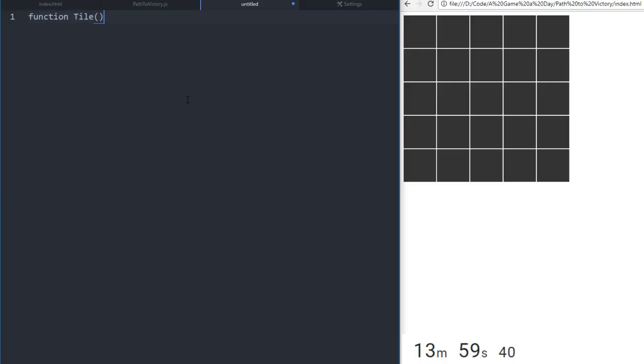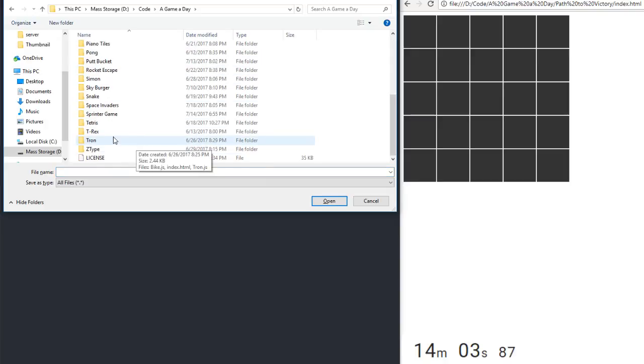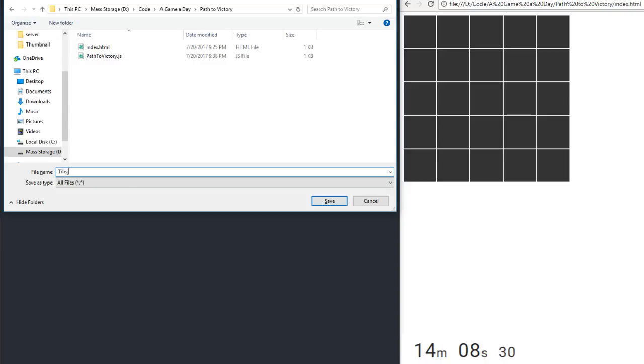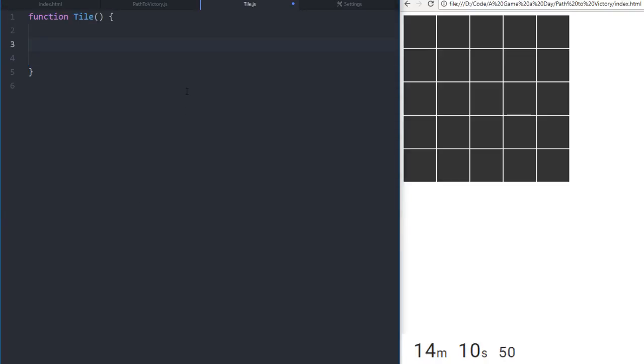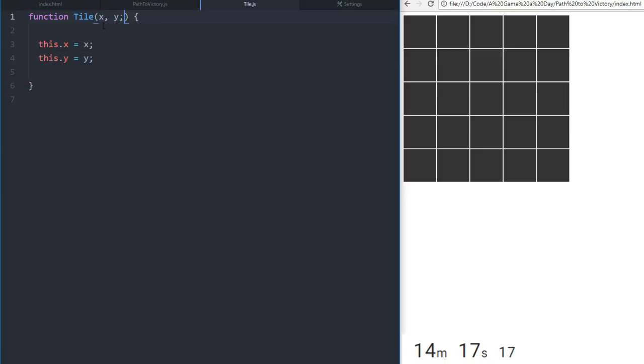Function tile. Cool. And where's the path to victory? Tile.js. Cool. This.x equals x. This.y equals y. Not using a position, because we don't have too many. This.lit equals lit.